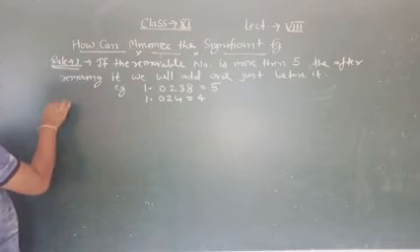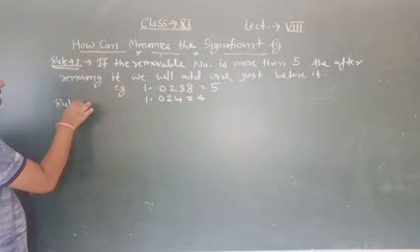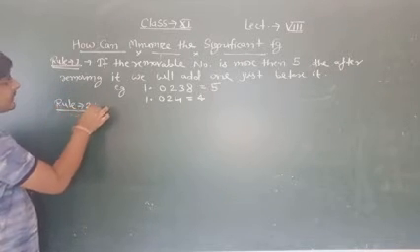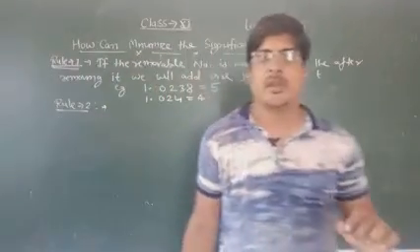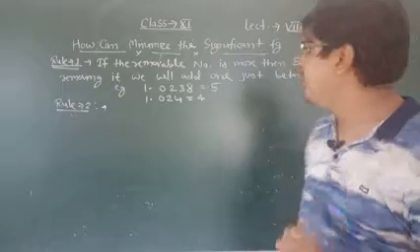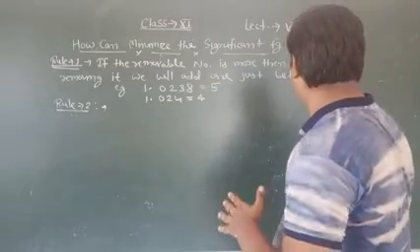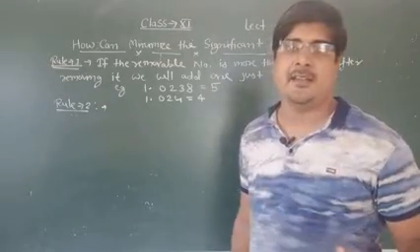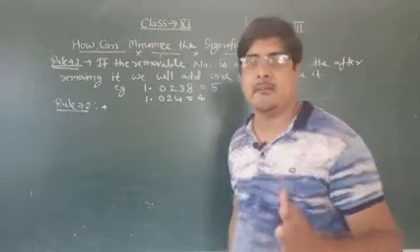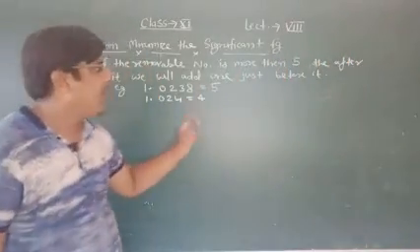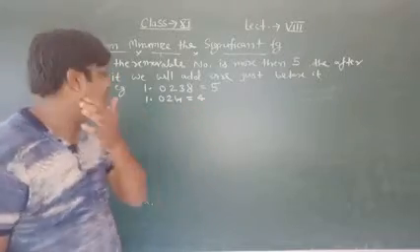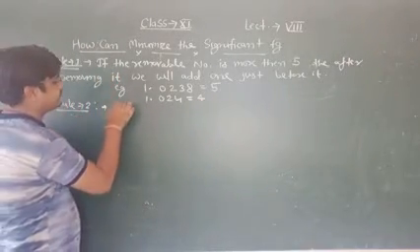And in rule number two, if the removable number is less than 5, then we do not change anything after removing this number. We do not change anything after removing that number, okay?